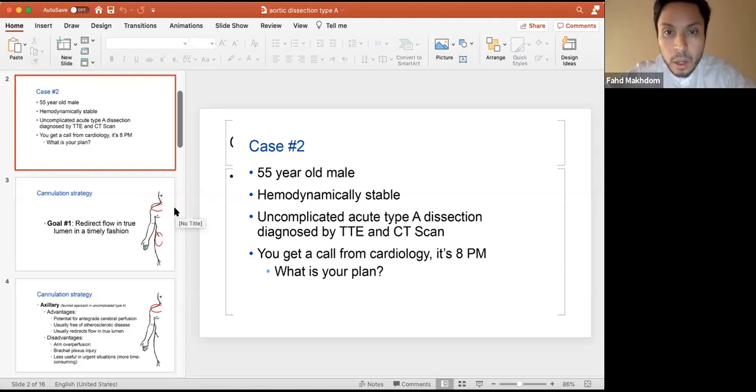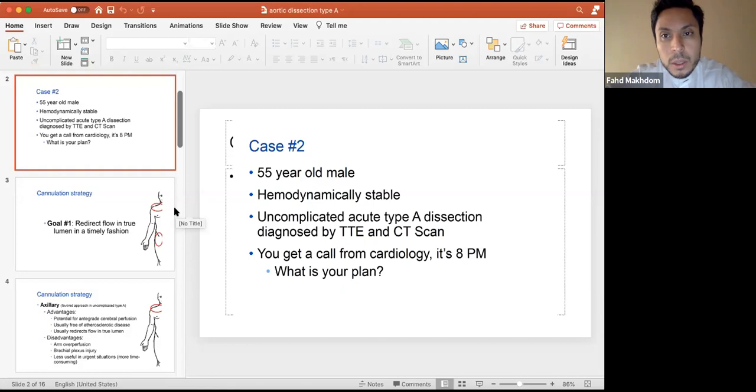The dissection in the innominate is not a contraindication to cannulate the axillary, because the axillary artery is usually spared of dissection. And if you cannulate it, you're most likely going to perfuse the true lumen or both the true and false lumen.